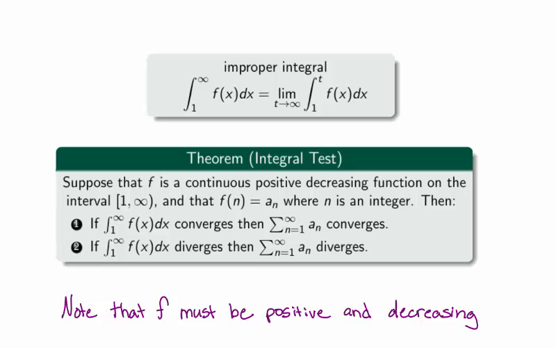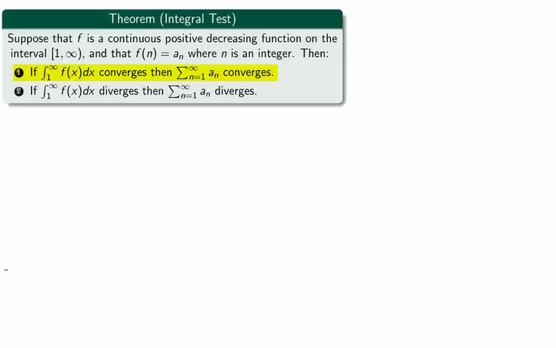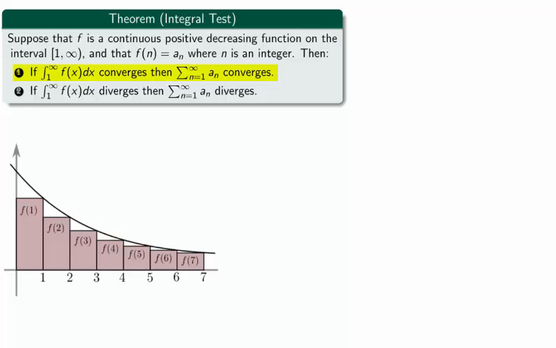Let us build some intuition as to why this test works. First, let's investigate the first statement. If the integral from 1 to infinity of f of x dx converges, then the sum n equals 1 to infinity of a sub n converges. Consider the following figure, which shows the graph of the decreasing function f with integer points f of n equal to a sub n marked.